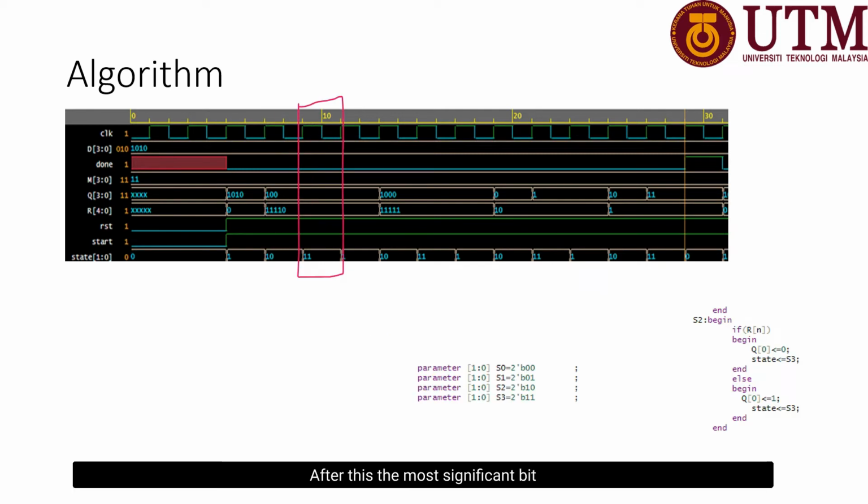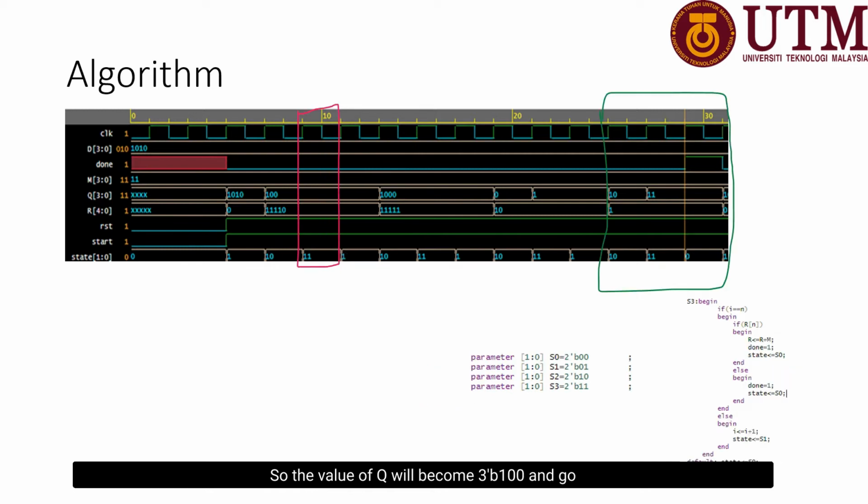After this, the most significant bit of R will be checked again. For now, the most significant bit of R is 1, so the least significant bit of Q will be inserted with 0. So the value of Q will become the 3-bit 100.